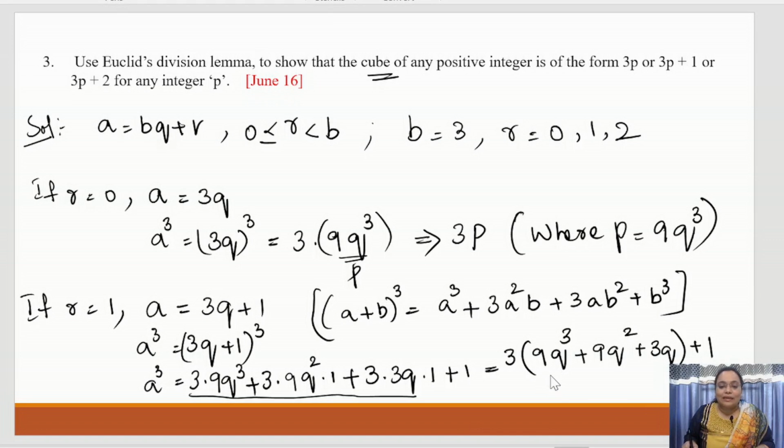Okay, so I can replace 9q cube plus 9q square plus 3q with p. Yes, you will get 3p plus 1, where p is equal to 9q cube plus 9q square plus 3q.